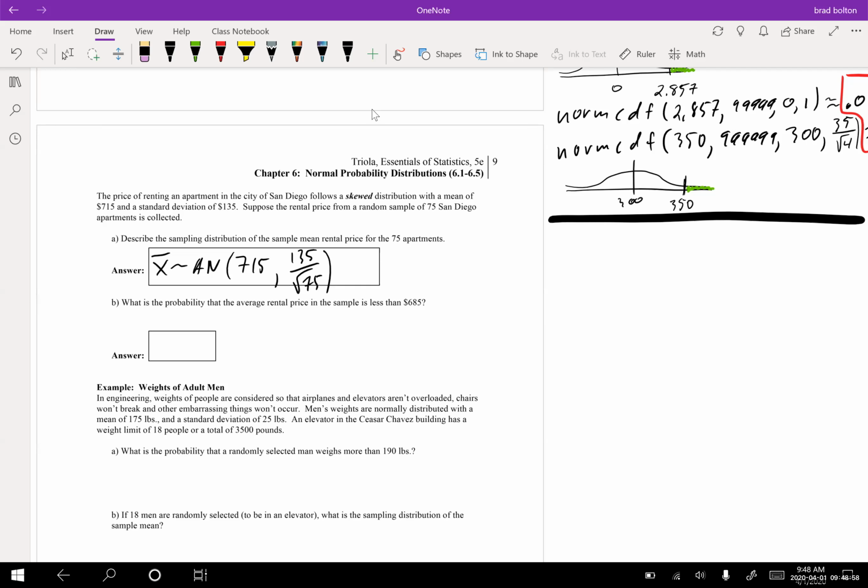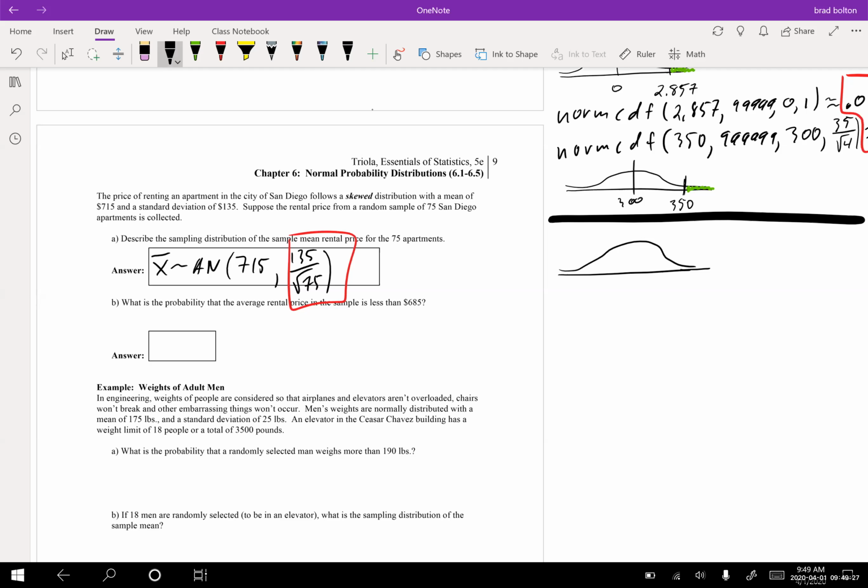So part B says, what is the probability that the average rental price in the sample is less than 685? So think about this again. We're doing our little drawing. And remember, we're drawing 75 apartments. So even though this distribution is skewed, we're allowed to treat it as approximately normal as long as we calculate using 135 divided by the square root of 75.